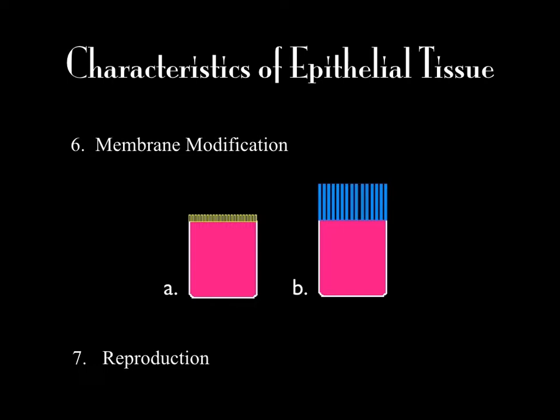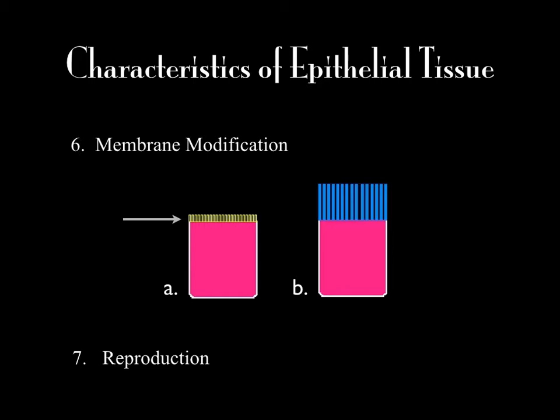So take a moment and compare the two cells that you see in figures A and B. Notice in figure A that the surface of the cell is covered by many small yellow projections, which we'll highlight here with our arrow. These membrane modifications are called microvilli, and they're important because they increase the absorptive surface area of a particular tissue.